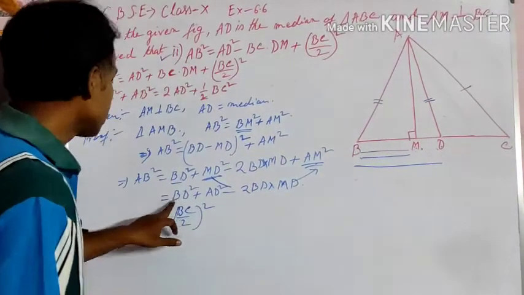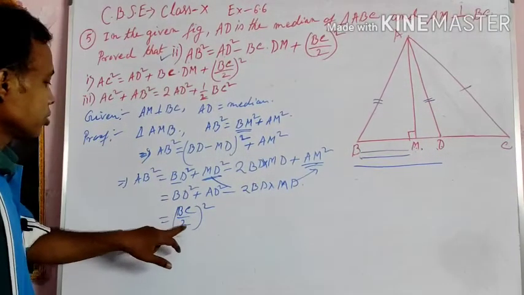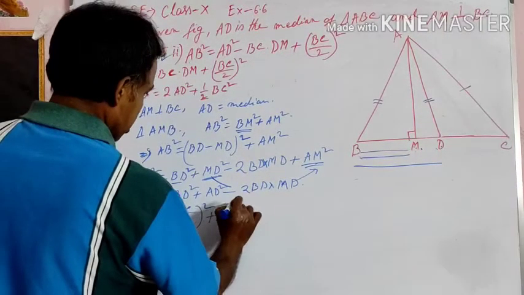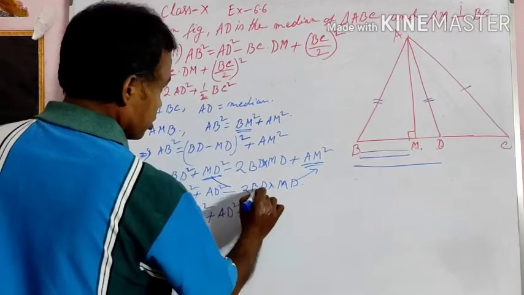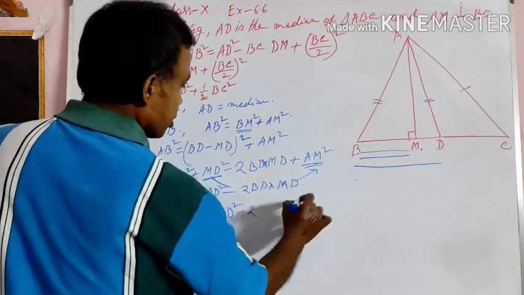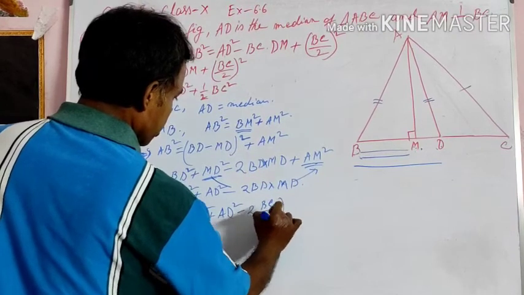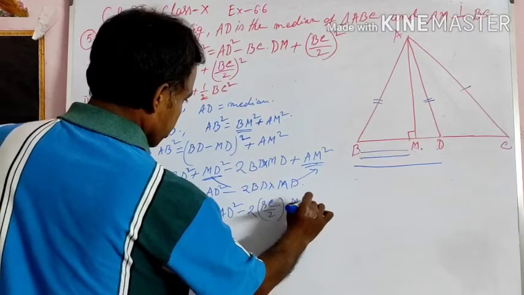Therefore we can write DB square is equal to (BC by 2) square plus AD square minus twice BD, that is BC by 2, into MD.